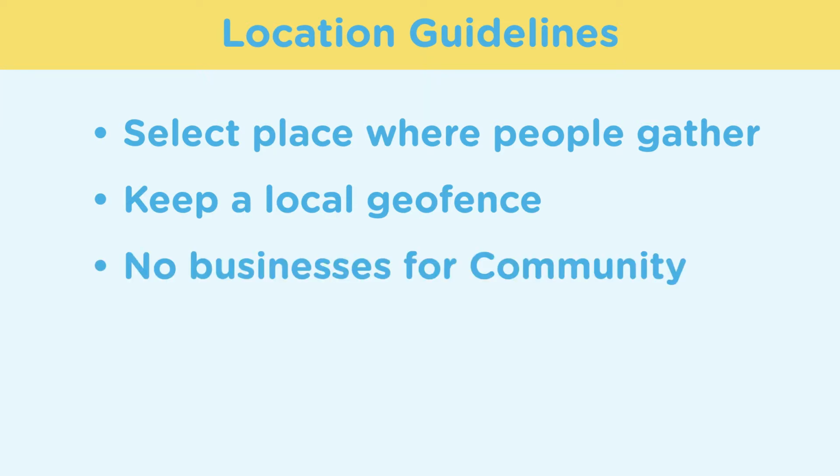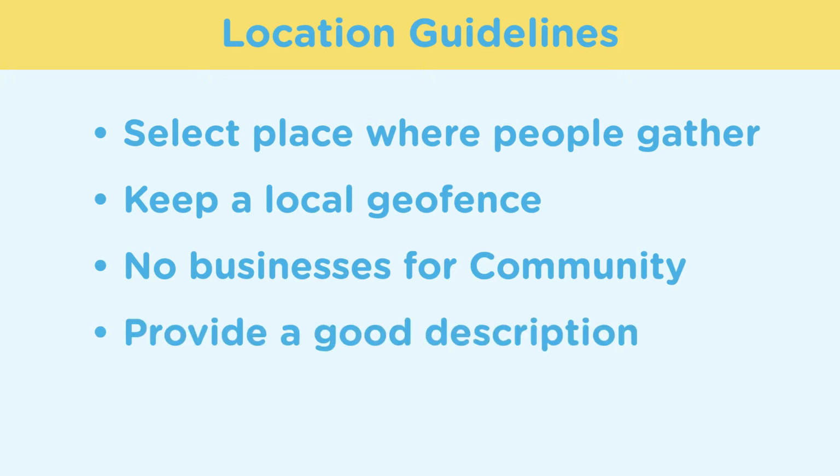Also, keep in mind that businesses are not eligible for community geofilters, so do not include any logos or branding for businesses in your community geofilter. And finally, when submitting a community geofilter, provide a good description to explain why the geofilter is important to you and important to the people in that area.